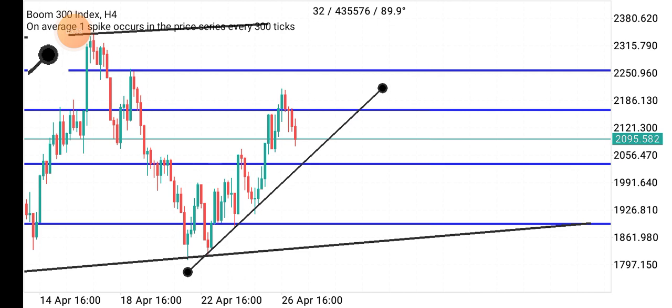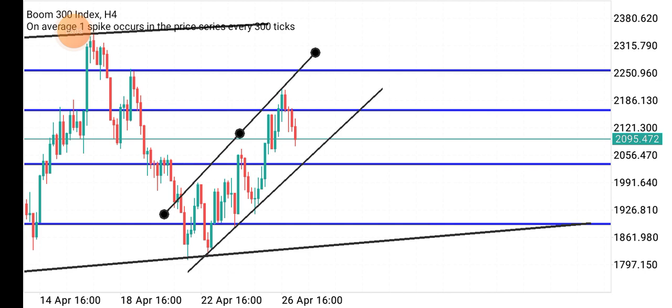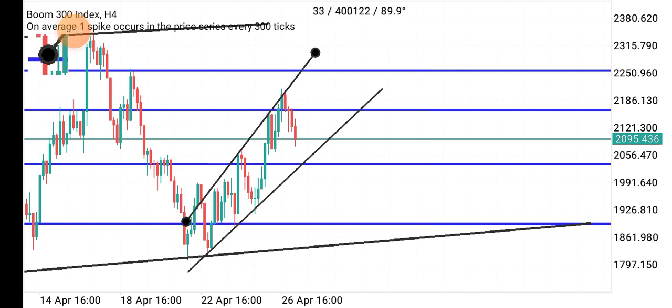This is what we are going to get. Then if I duplicate this line and place it somewhere here, we'll be having something like this, guys. Let me see if I can adjust it to give me good touches. I think this is better now.